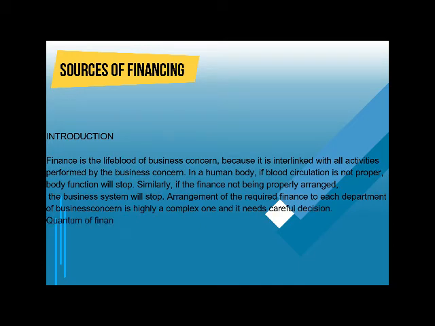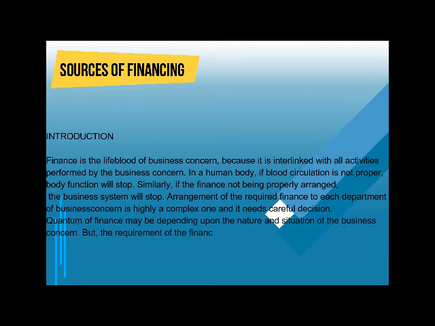Arrangement of required finance for each department of a business concern is highly complex and needs careful decision. The quantum of finance may depend upon the nature and situation of the business concern, but the requirements of finance may be broadly classified into two parts.